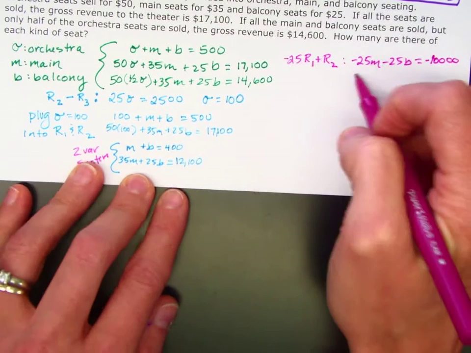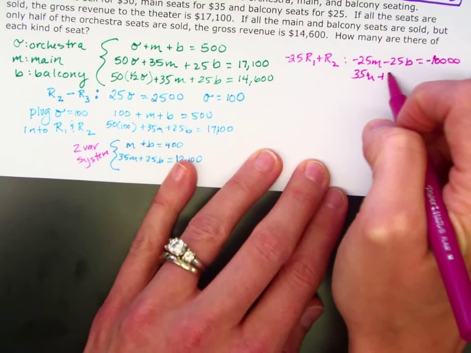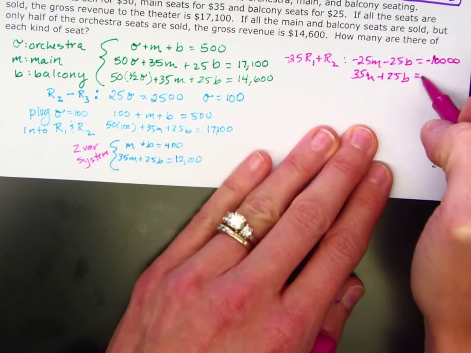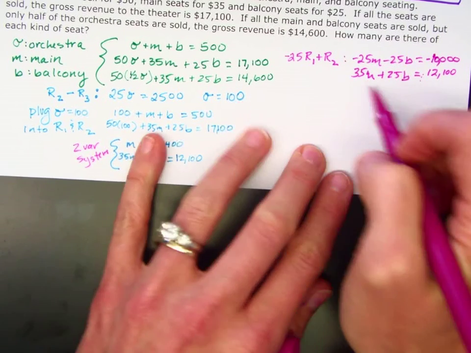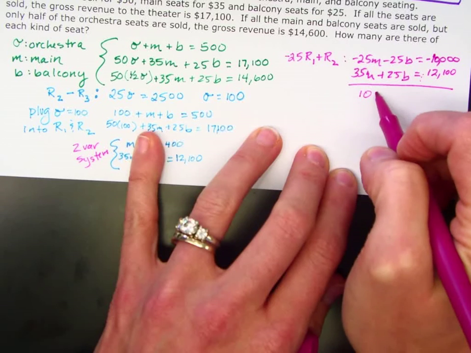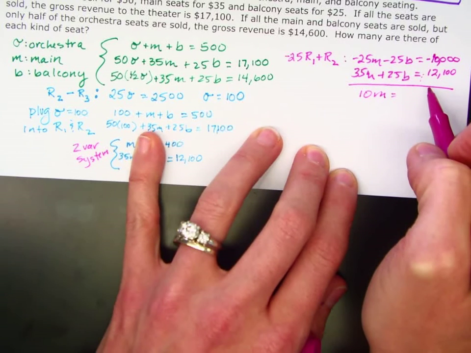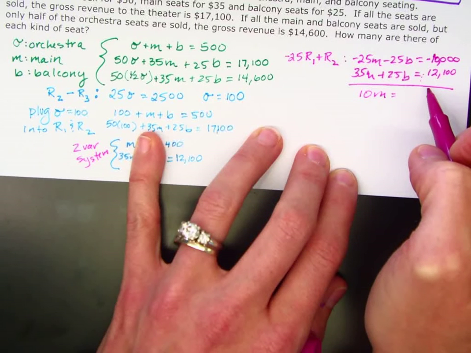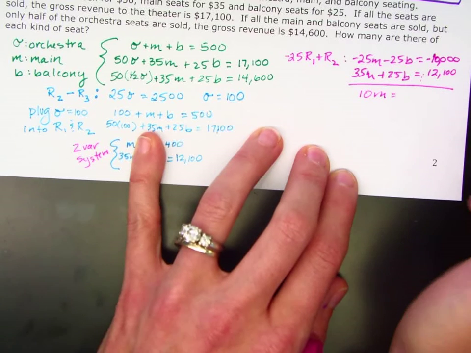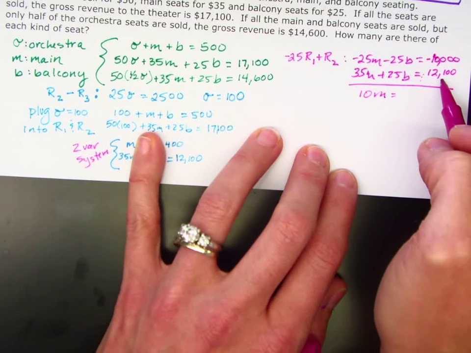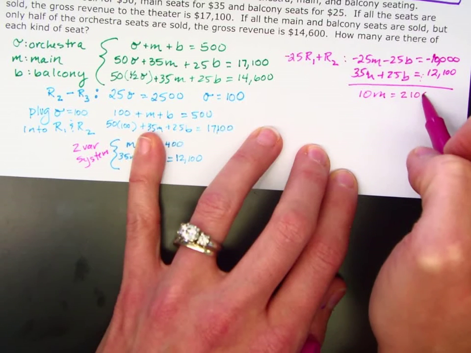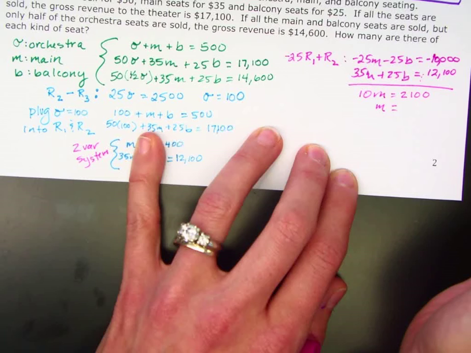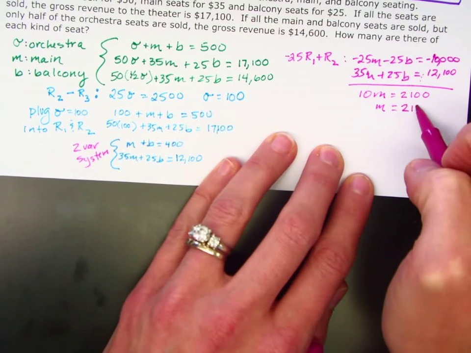And then row 2 doesn't change, so that's 35m plus 25b equals 12,100. And then I can add them together, and then I'm left with 10m equals, what is that going to equal? 2,100. Yep. So that means m, when I divide both sides by 10, is going to be 210.